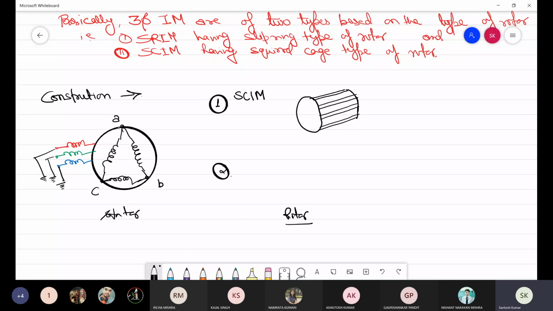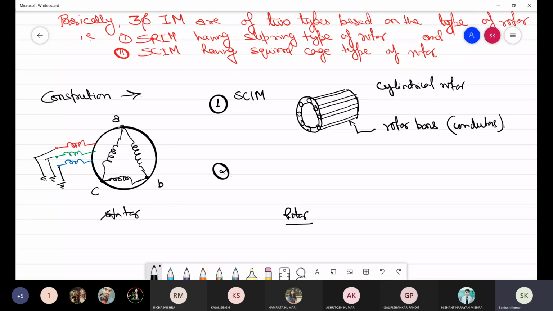This is a cylindrical rotor, and these are the rotor bars, or you can say conductors which are connected, and they are placed in the slots which are cut on the periphery of the rotor.